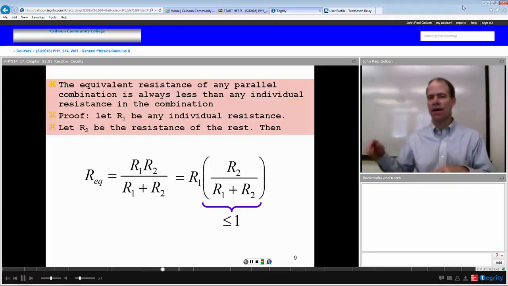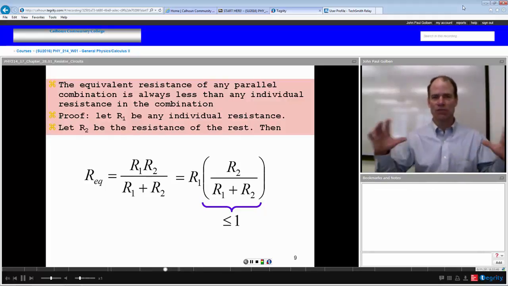If I had 2 mega ohms in parallel with 200,000 ohms, in parallel with 150,000 ohms, in parallel with 1,000 ohms, the equivalent resistance of that parallel combination will be less than the 1,000 ohms.